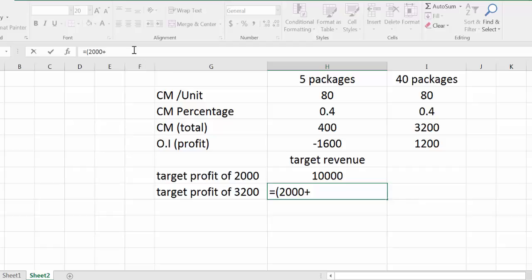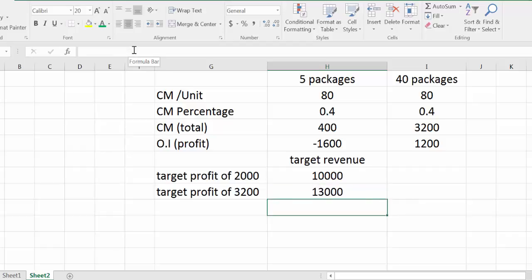The fixed cost is the same for a target profit of 2,000 and a profit of 3,200. There's no difference. So you add the same fixed cost, 2,000, to the target profit of 3,200 this time. The quantity divided by 40%. Then we're looking at 13,000 revenue.